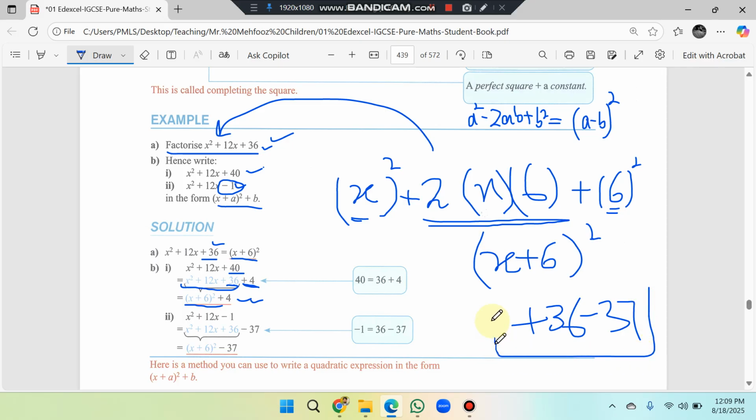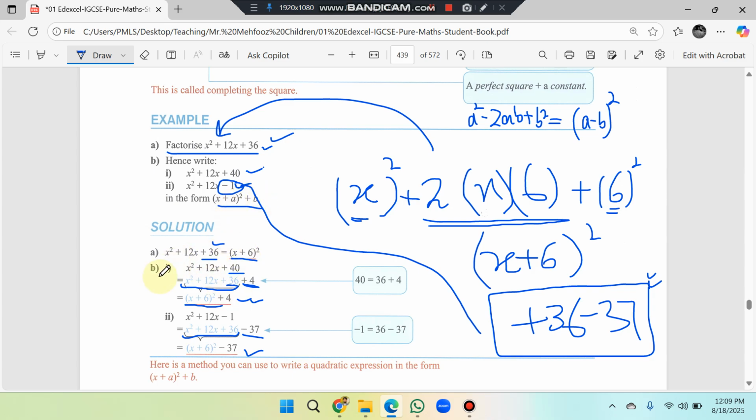So when we add these two terms, your answer will be minus 1. It means that we have to replace minus 1 as plus 36 minus 37. So first three terms make this complete square, that is x plus 6 whole square, and minus 37 is as it is. So this can be written as x plus a whole square plus b.